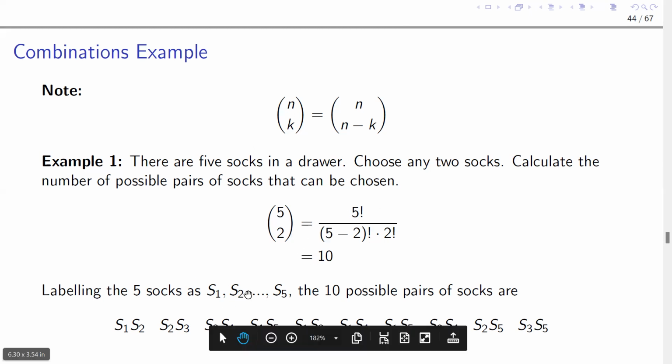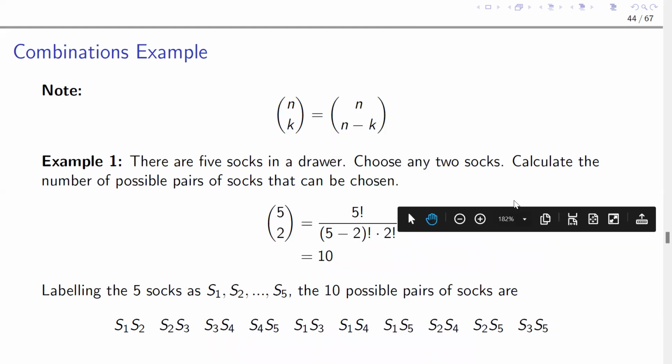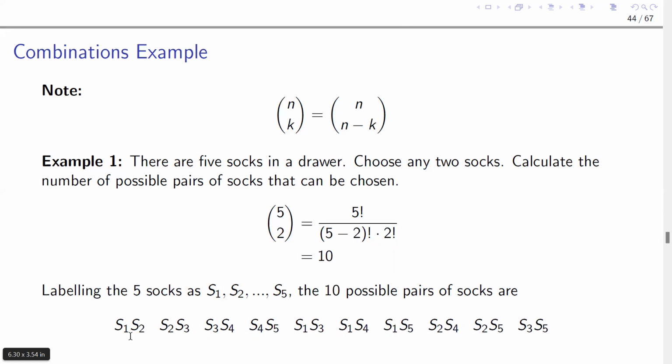If we label the socks as S1, S2 up to S5, then the 10 possible pairs of socks are S1 and S2, S2 and S3, S3 and S4, and so forth. Realize that we didn't write S1 and S2 and then also write S2 and S1.